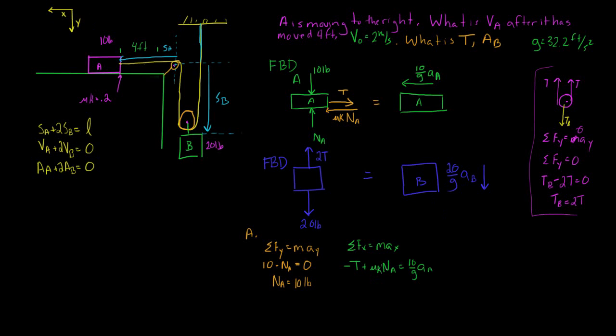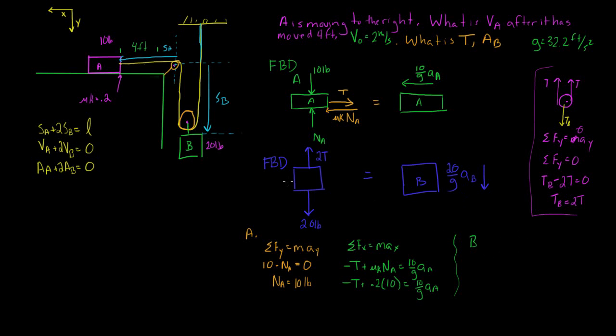And we do know this number. We know that mu_k is 0.2 times 10. So if we fill that in, we have minus T plus 0.2 times 10 equals 10 over g times the acceleration of A.